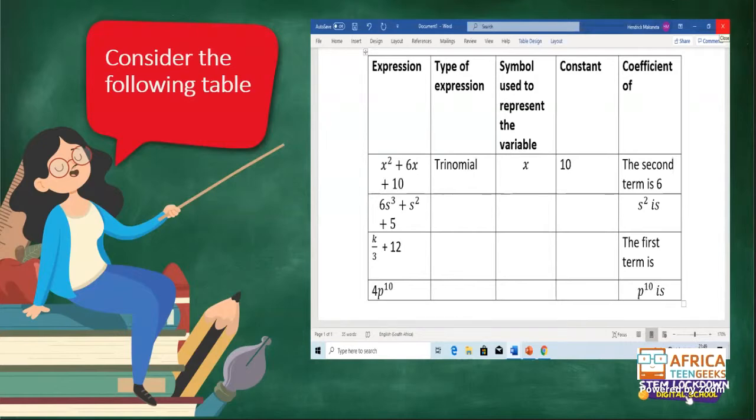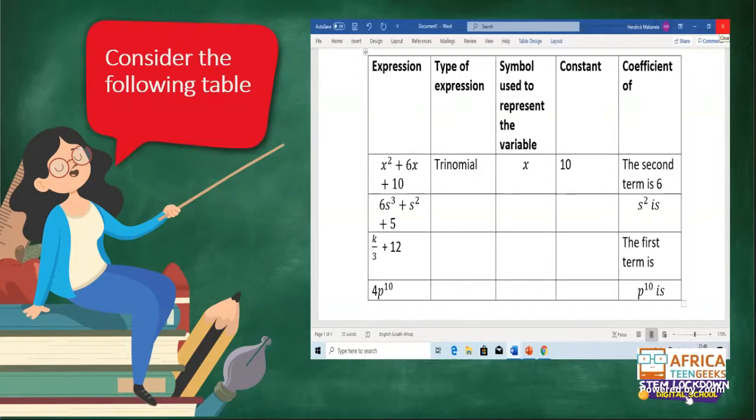Can you mention them? 6x cubed. Okay, go ahead. And s squared. Okay, last one. And 5, sir. Exactly. So the last one there is 5. What is the symbol that is used? It's s, sir.